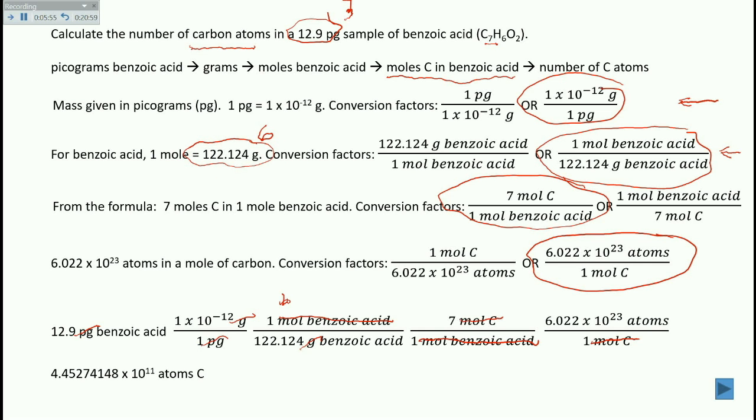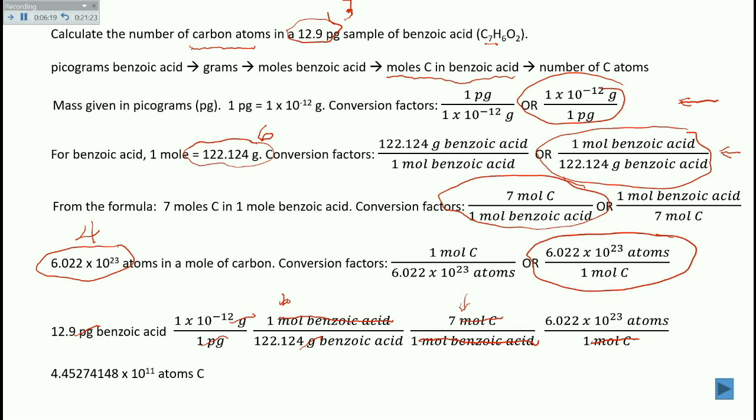My next step, which is this one, now that's a ratio of 2 whole numbers. And whenever I'm using whole numbers, those are not going to affect significant figures, so I can ignore that part. My last step, invoking Avogadro's constant, I've expressed Avogadro's constant to 4 significant figures.